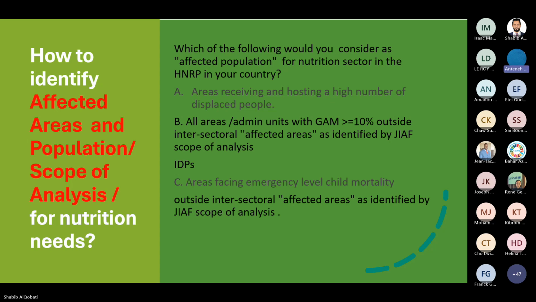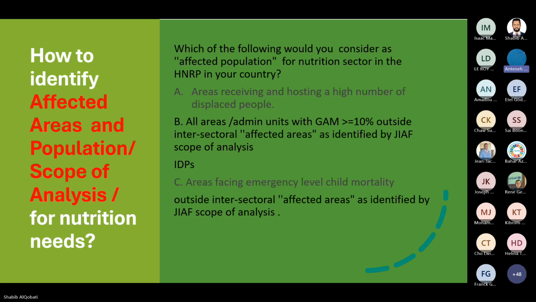Okay. Let me answer this question. So, as you have seen in the previous slide, in the intersectoral guideline, it says, first, areas affected by the core shocks, which is the conflict, the epidemics, the pest infestation, and also areas with natural disaster.